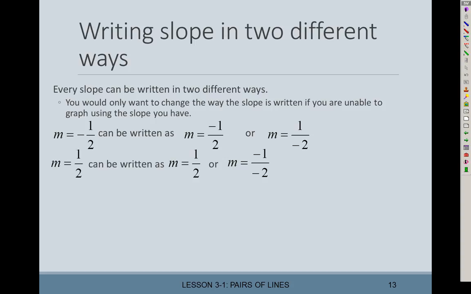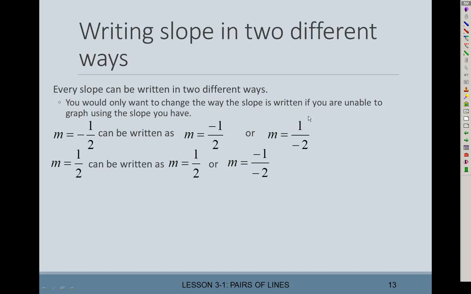Now you can write slopes in 2 different ways. If a slope is negative, like this -1/2, you could write it as -1 over +2 or +1 over -2. Because for each of these, a negative divided by a positive is negative, and a positive divided by a negative is negative. So these are all equal. Sometimes you might want to write it like this with the negative in the denominator, if you're close to the right side of your graph.